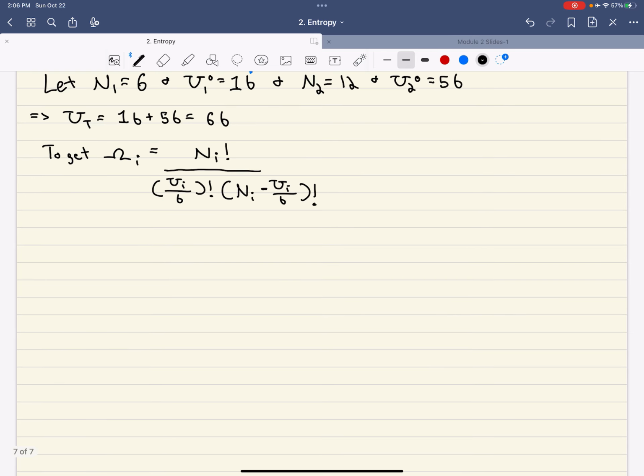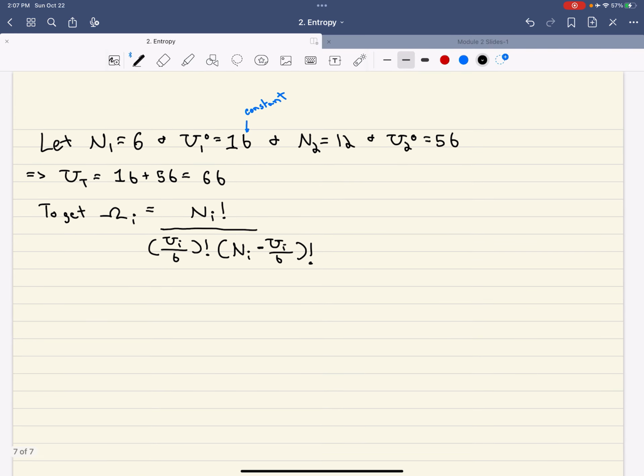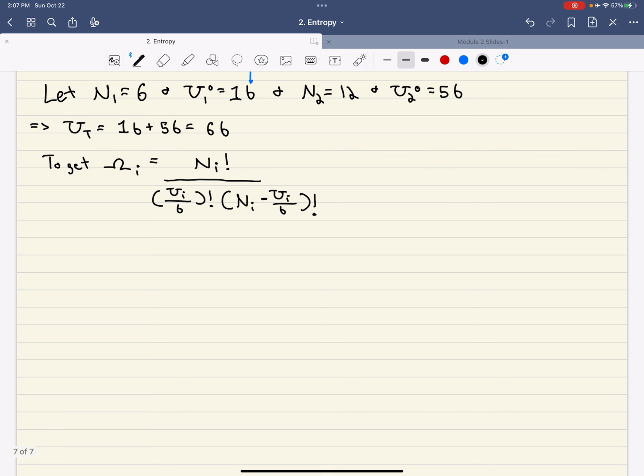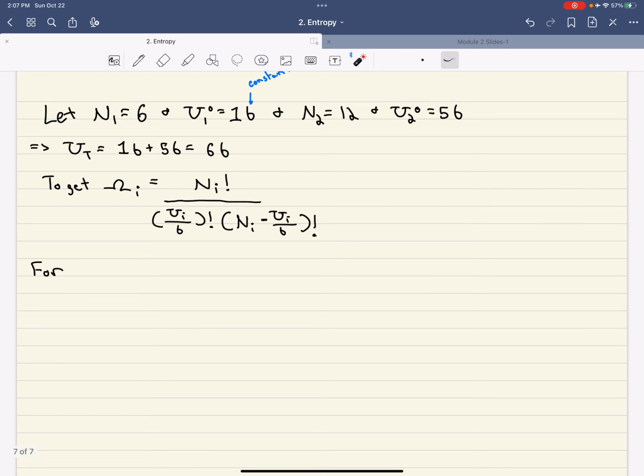Okay? So this is an equation that we've seen before. And if we start plugging in the numbers, for instance, let's say that U1 went from a value of 1b to a value of 2b, just due to the energy transfer between systems 1 and 2.